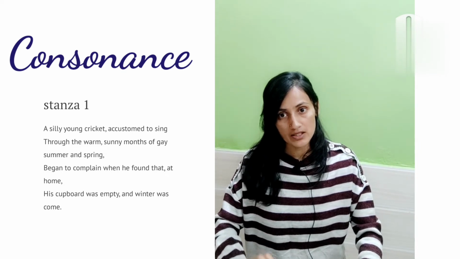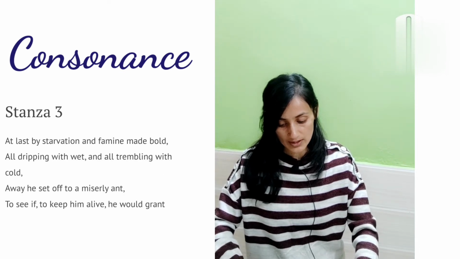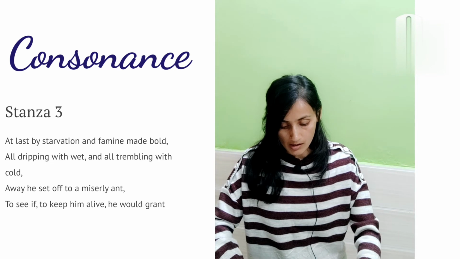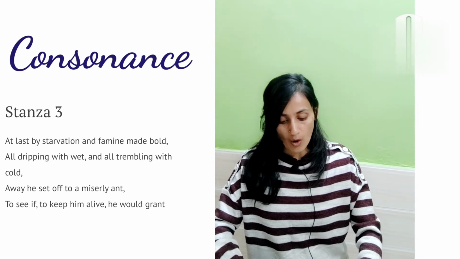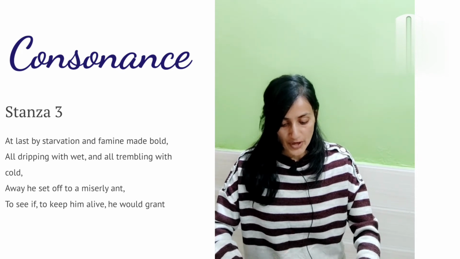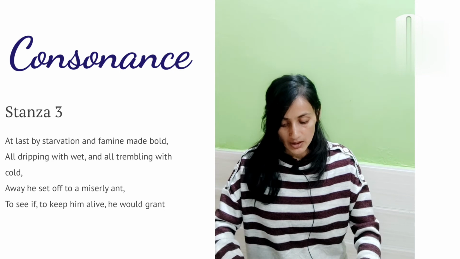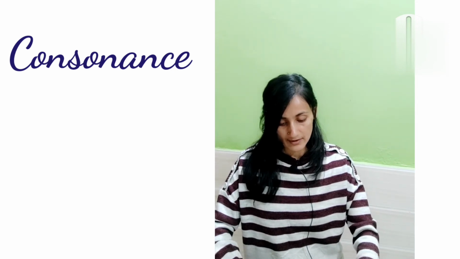There is a prominent T sound, that's consonance. In the third stanza, we see all dripping with wet and all trembling with cold. So in all trembling, cold, there is a prominent L sound, that's consonance.